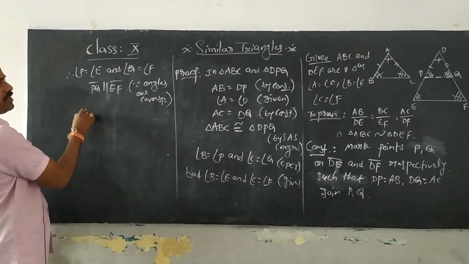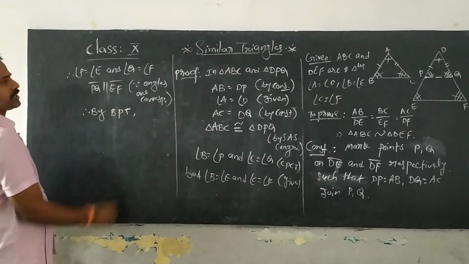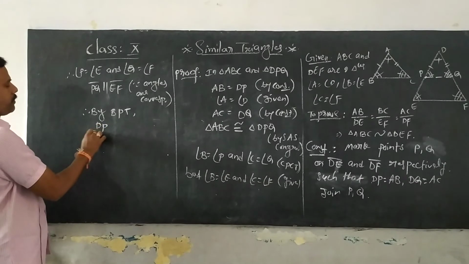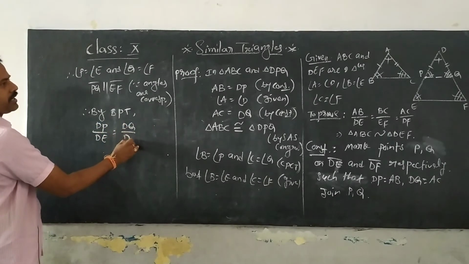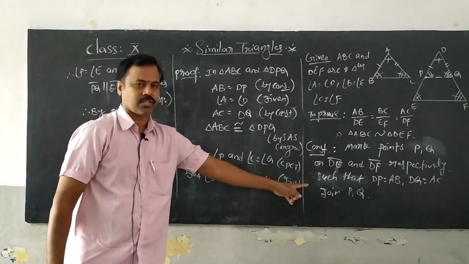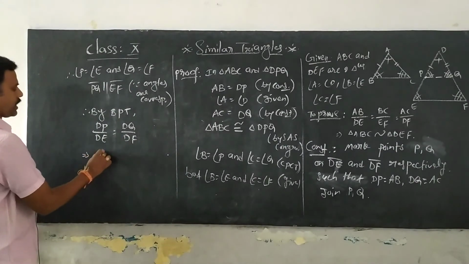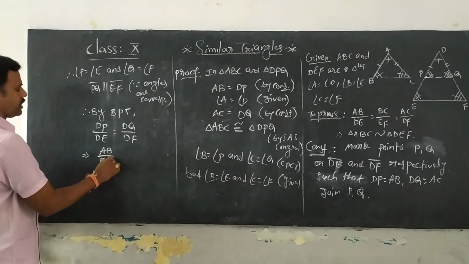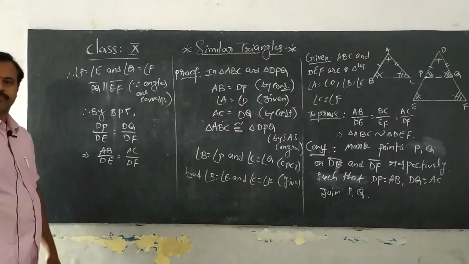Therefore, by basic proportionality theorem, DP by DE is equal to DQ by DF. But it is given in the construction that DP is equal to AB. So we can write AB by DE is equal to AC by DF.